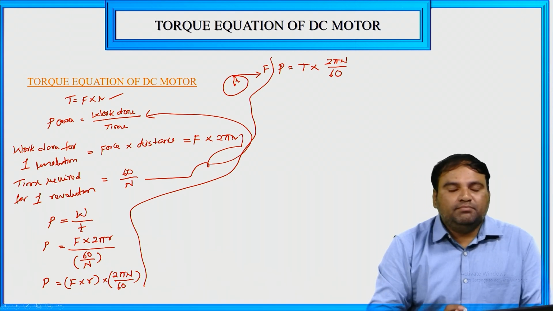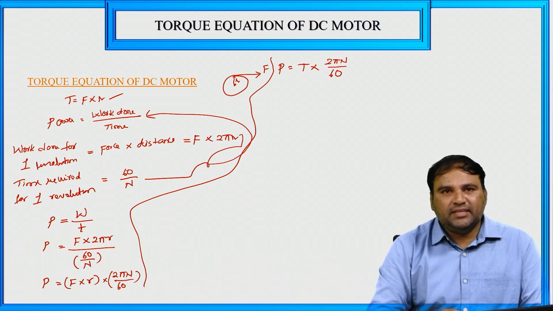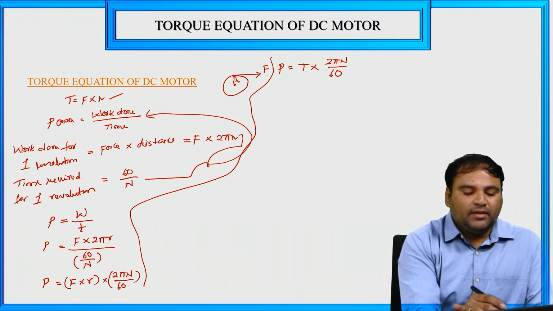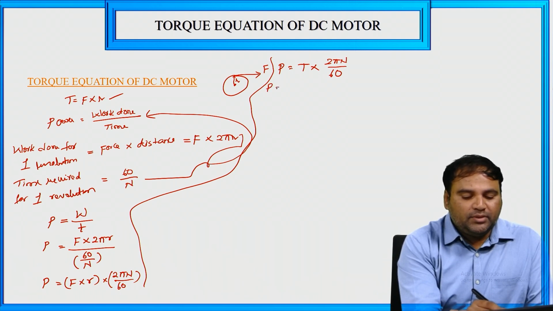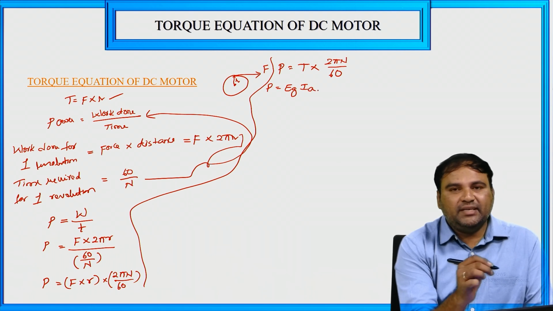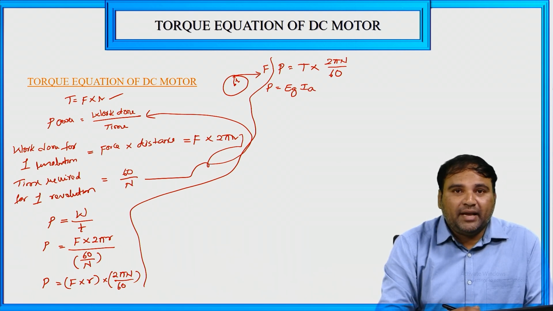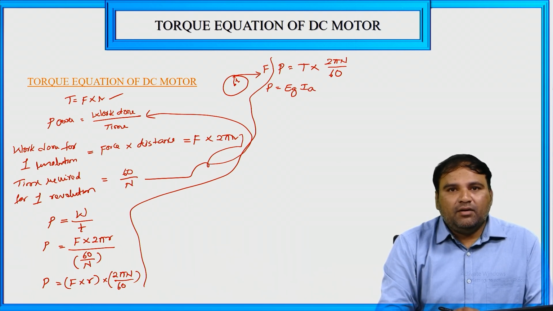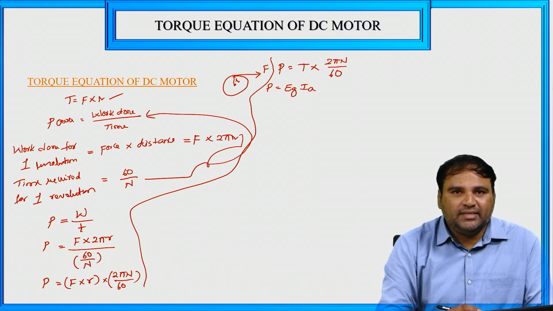Now power of DC motor or power of DC generator, both the power equations are the same, that is P equal to Eg into Ia. So the power developed by the DC motor, or the mechanical power developed by the DC motor, is P equal to Eg into Ia.